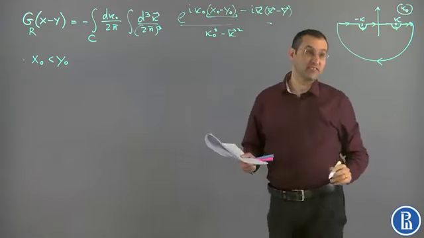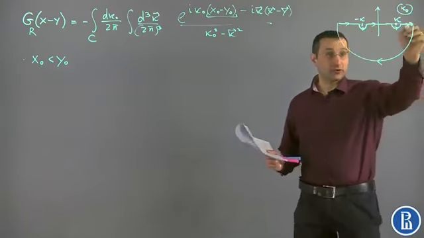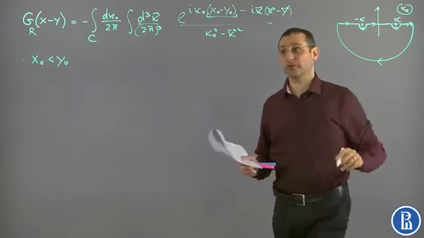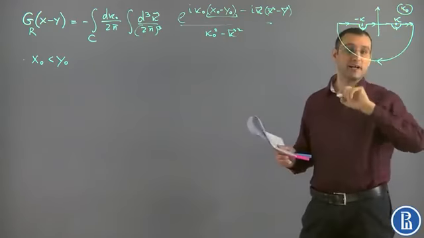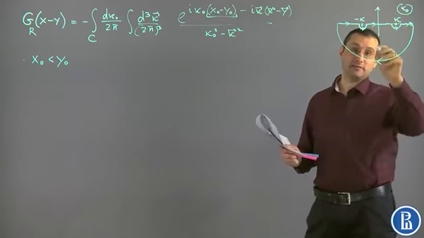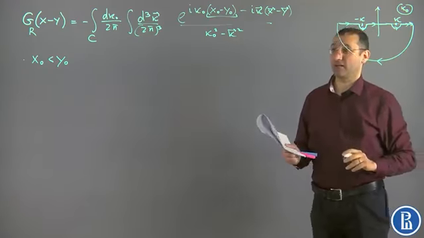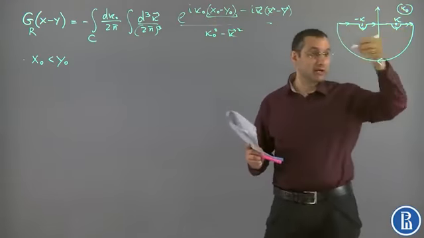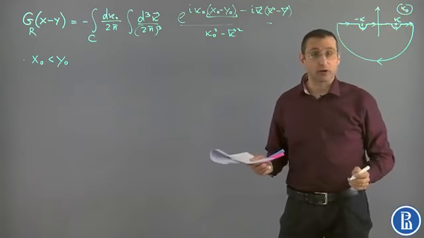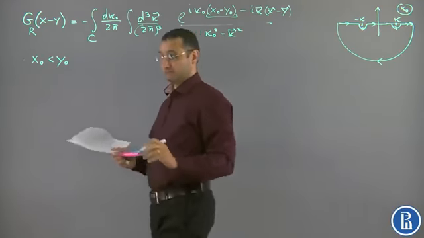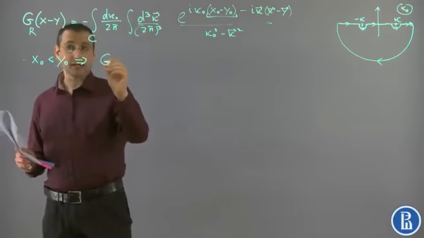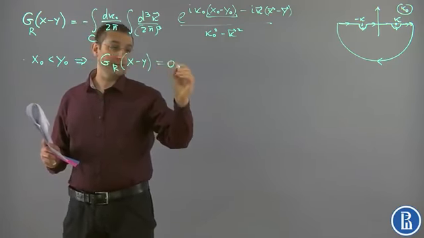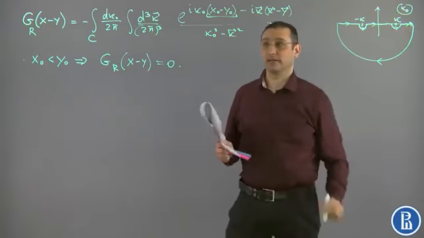The integrand is 0. And this contour doesn't have any singularities inside; the integrand is a holomorphic function of k0 inside this contour. So according to the Cauchy theorem, for this case we obtain that G_R(x minus y) is 0 if the contour is defined like this.